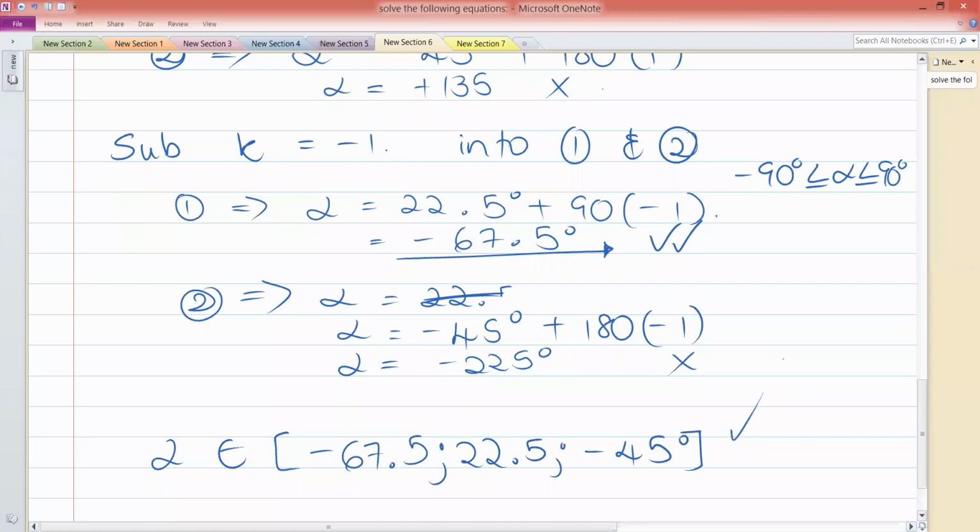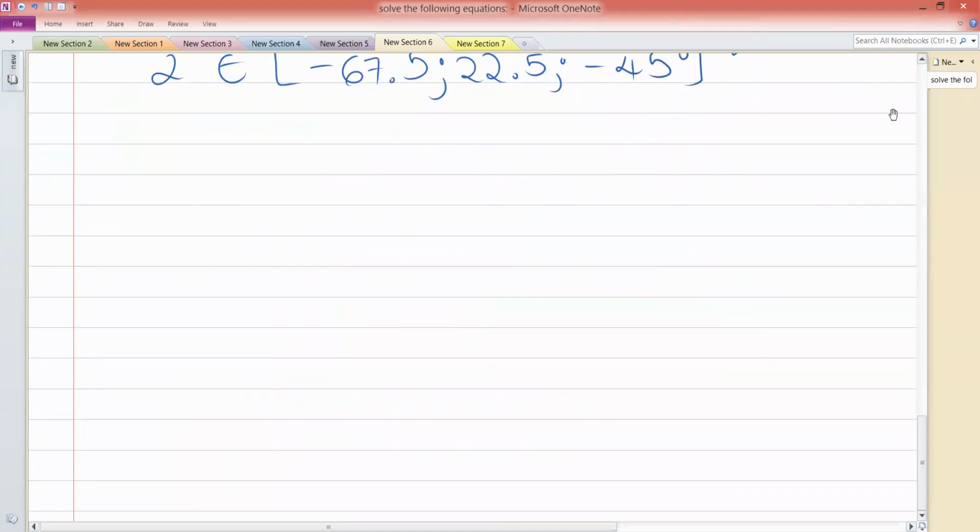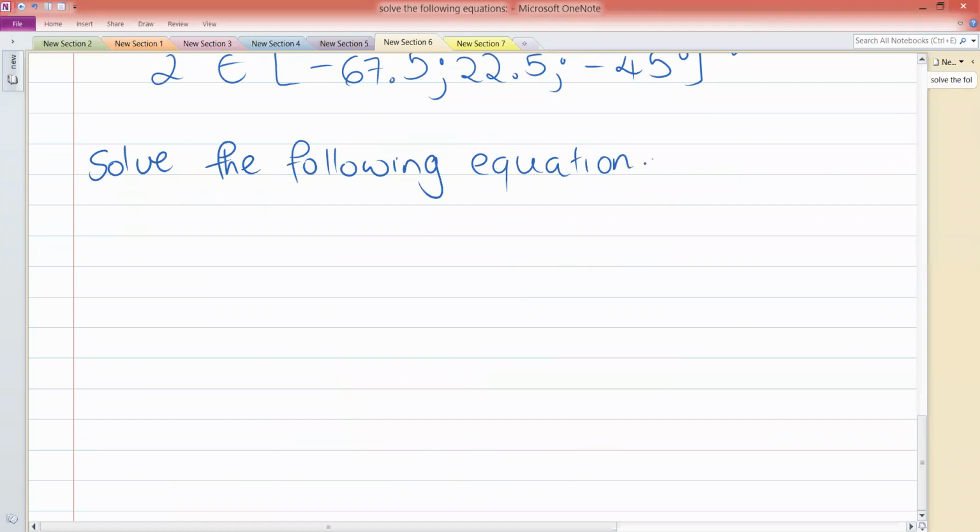Right, done. Now on to another similar type question. Again, we want to solve the following equation, using co-ratios again. Let's go ahead and try the following: sine of theta plus 20 degrees is equal to cos theta.